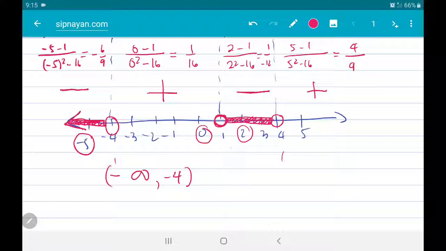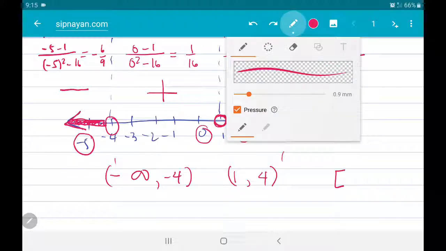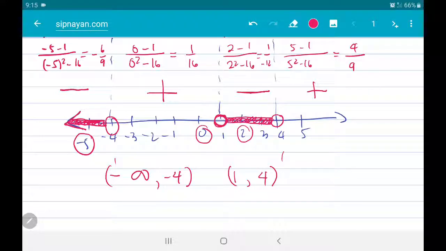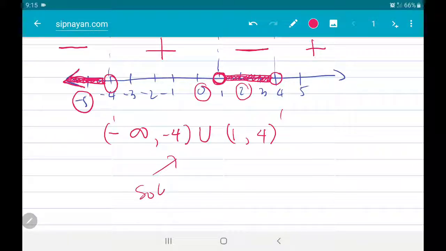Tapos from 1 up to 4. Hindi rin kasama yung 1 saka 4. Natatandaan nyo sa interval notation. So, since pareho yan ay kasama, which means union. So, this is the solution to the inequality. Yan yung pinakasagot natin. Yan yung tatawagin natin na interval notation.